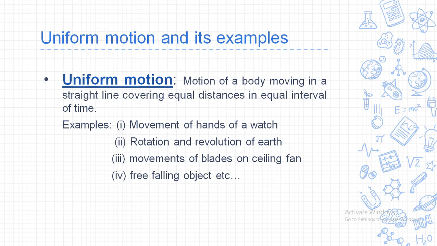Same way for the rotation and revolution of the earth. The earth is continuously covering the same distance in a fixed time interval, and due to that, after completion of every 365 days the year gets changed. So likewise we understood uniform motion.